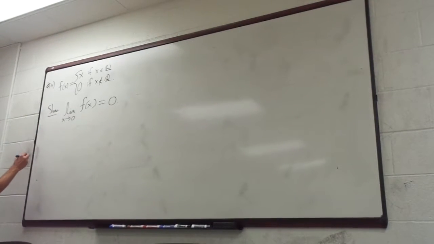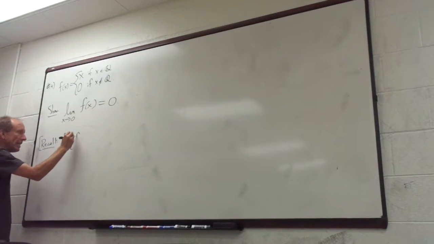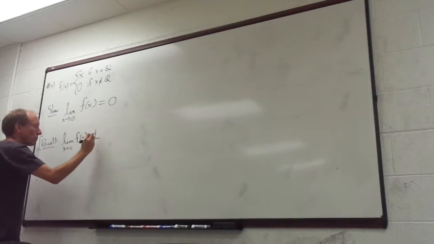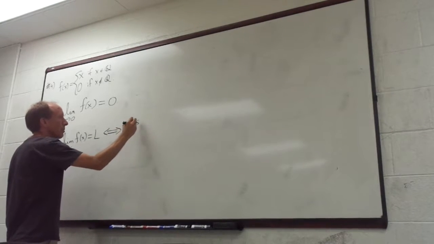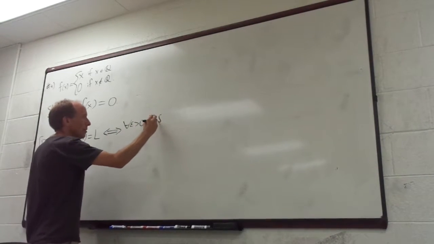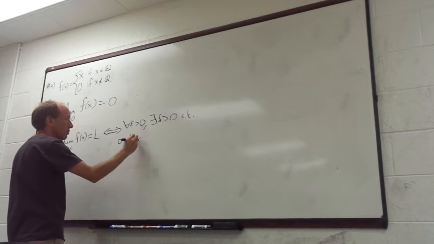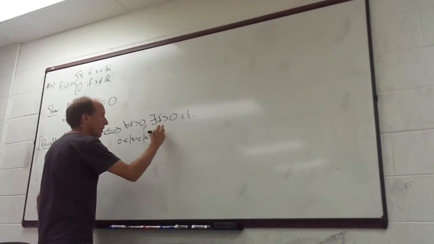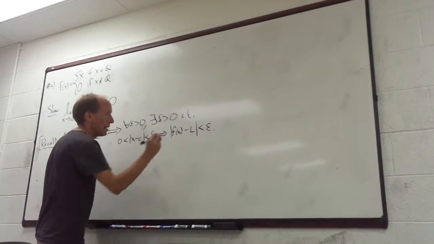Okay. So just as a quick recall, just in case it's not on the tip of your mind right now, the limit as x approaches c of f of x equals L. This just means for all epsilon greater than 0, there exists a delta greater than 0, such that 0 less than absolute value of x minus c less than delta implies absolute value of f of x minus L is less than epsilon.